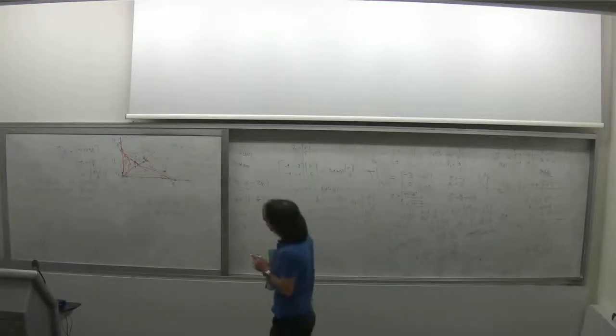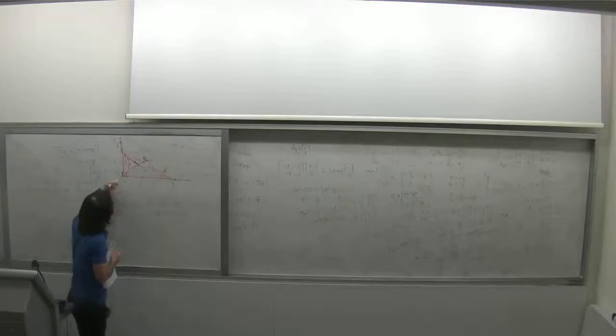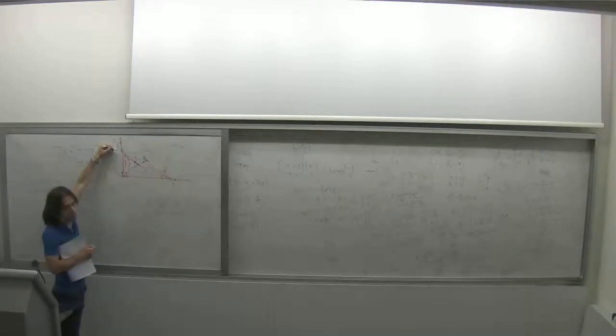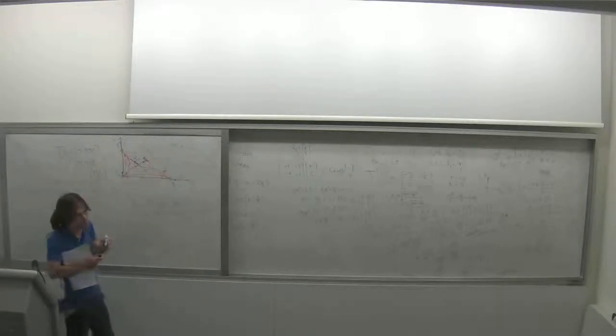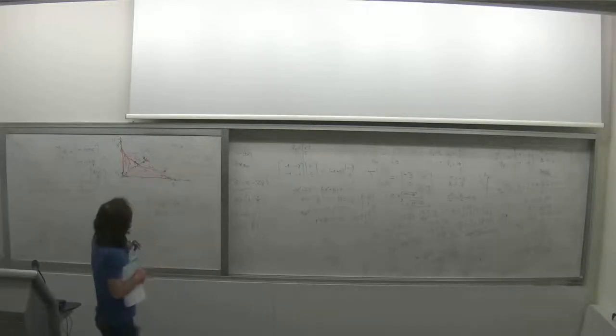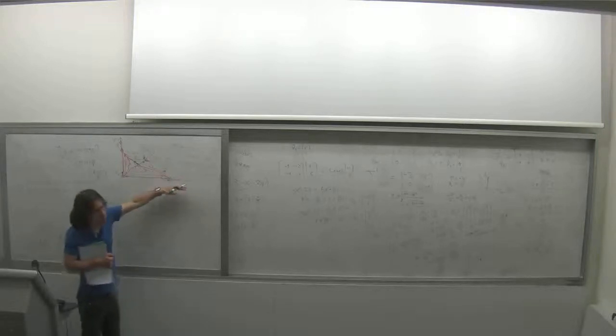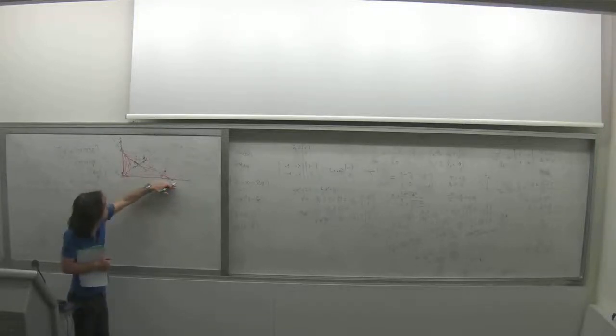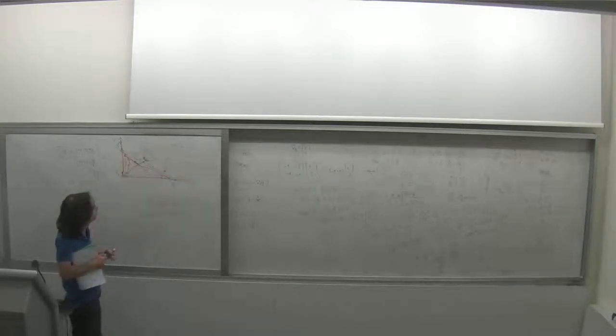So x equals 0 is the y-axis. Indeed, on this axis there should be no x component to the trajectory. Y equals 0 is just the x-axis, so there is no y component for the trajectories here.